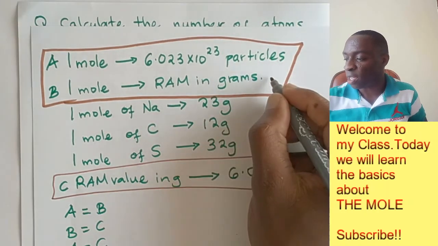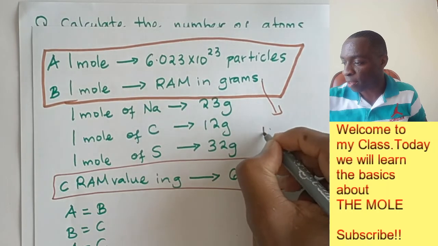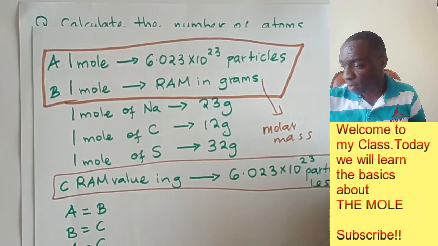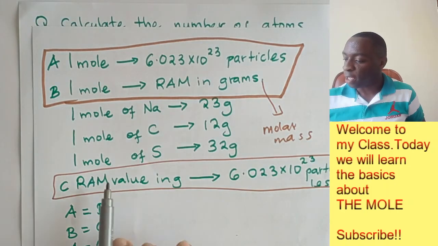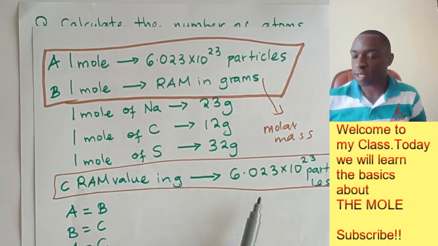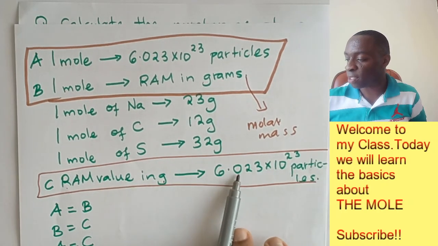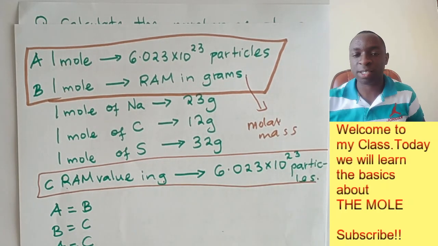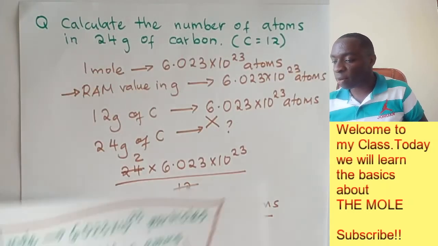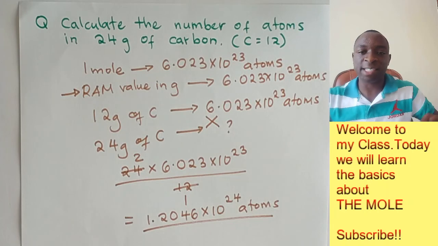This one is what we called the molar mass. And then finally, you can know that the relative atomic mass value in grams is equivalent to now the 6.023 times 10 to the power 23 particles. So that is the simple way of calculating the mole, and you will find that it is the basic or the first step in calculating any kind of mole question.